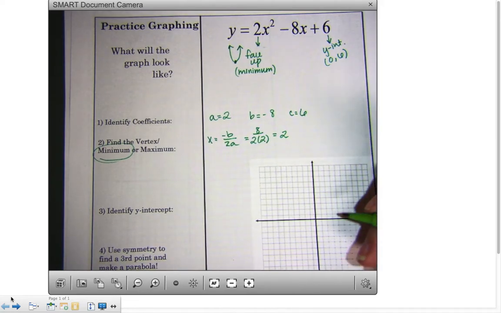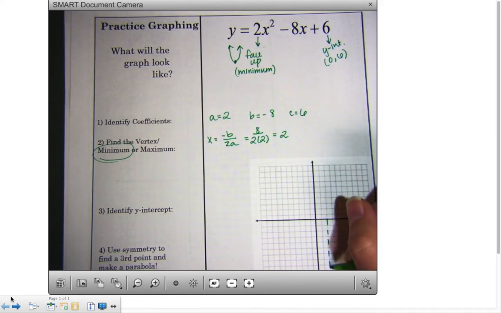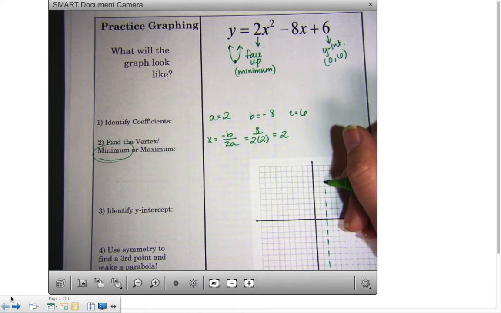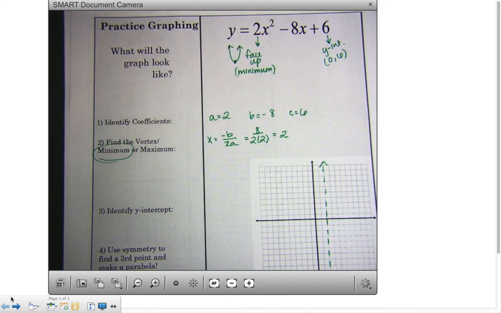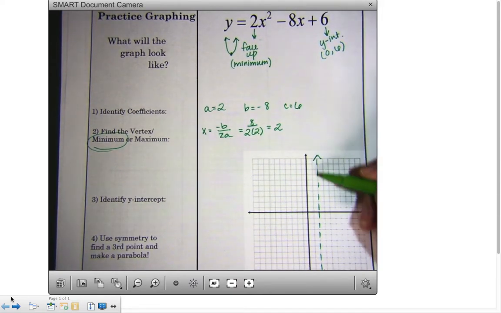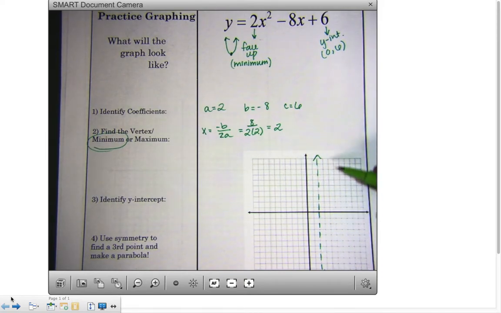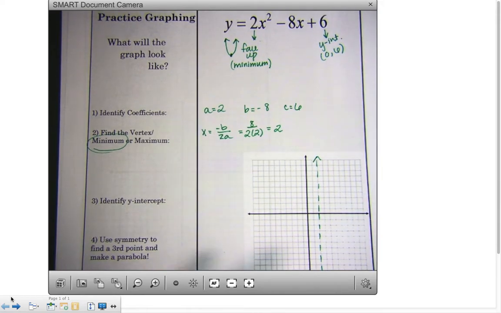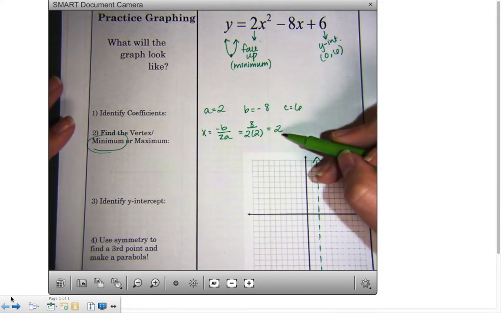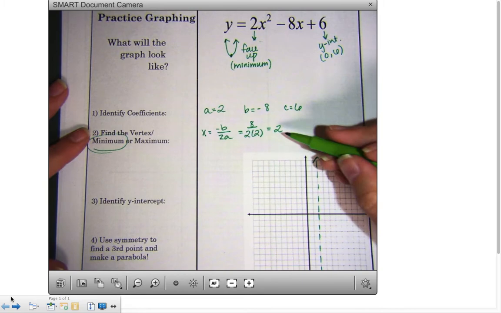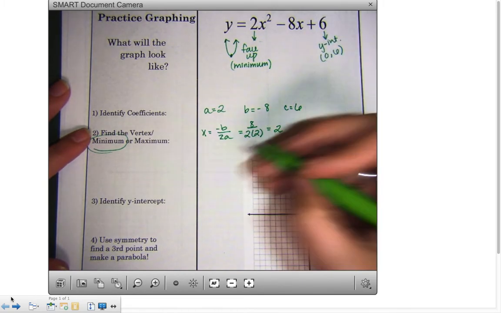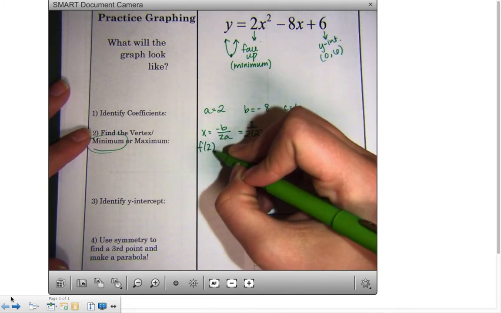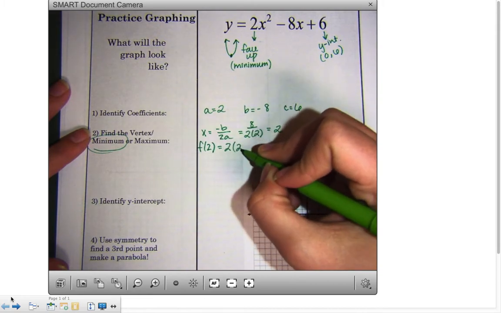So I know I have an axis of symmetry at x equals 2. You don't always have to draw the axis of symmetry, but you can, when you're done, make sure that it's symmetric about that line. So that's the x value of my vertex. To find the y value, I substitute 2 in here. So I'm going to say f of 2. Everywhere I see an x, replace it with a 2.